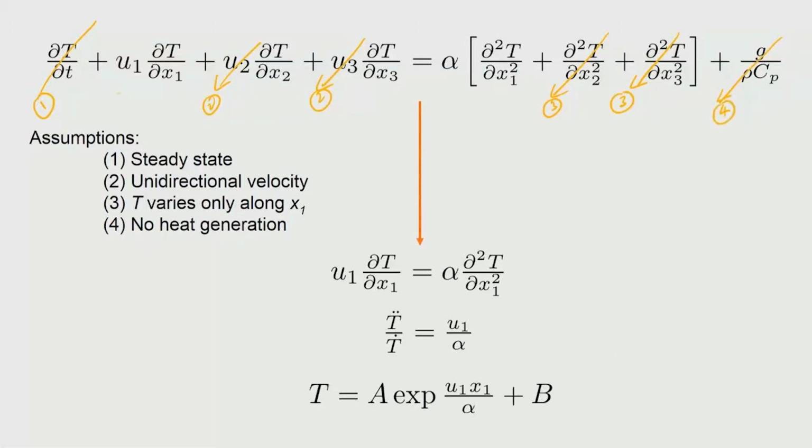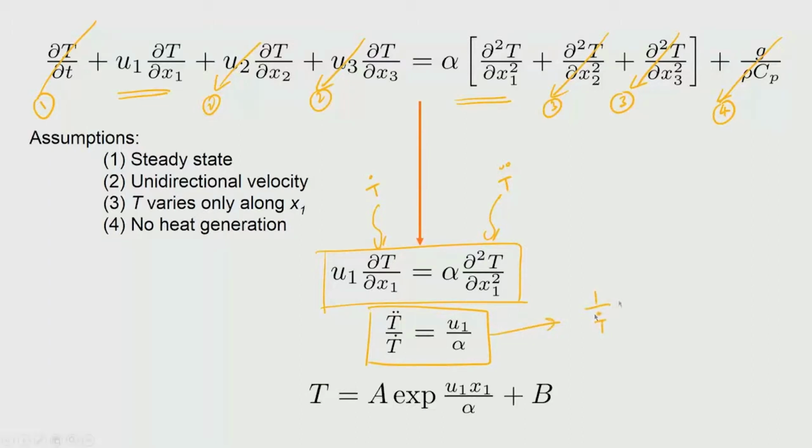So, the governing equation will have only these two terms, which is written here, and you could see that these can be written as T dot and T double dot, converting the equation to a simpler form. So, you could write this as 1 by T dot into d by dx of T dot, because that is nothing but T double dot, equal to u1 by alpha.